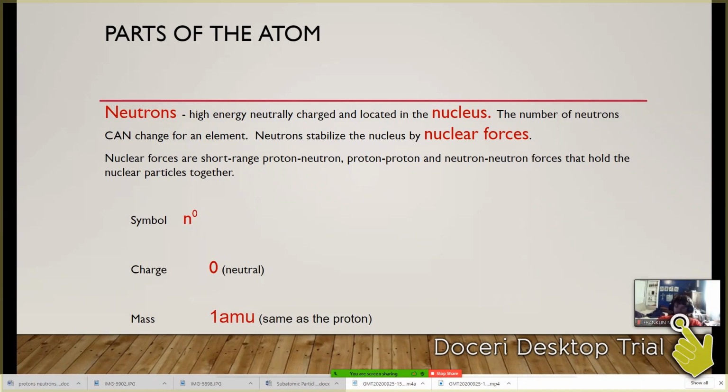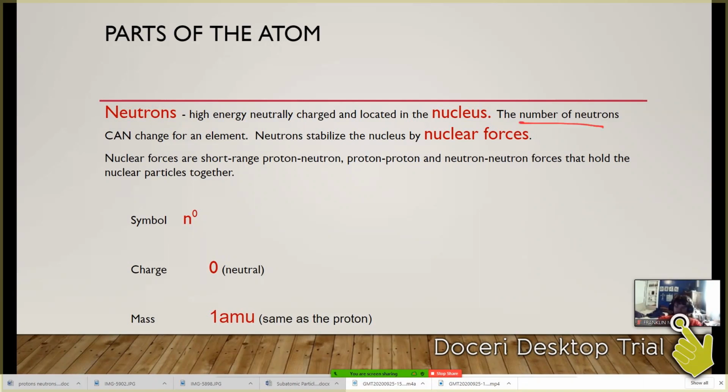And it can be between neutron-neutron, proton-neutron, or proton-proton. I don't have an opposite, I don't have a plus and a minus for them to interact or to attract each other that way. So there has to be another force that's keeping them together in the nucleus. It's called a nuclear force. You have your symbol, your charge, and like we said, it's 1 AMU, about the same as a proton.